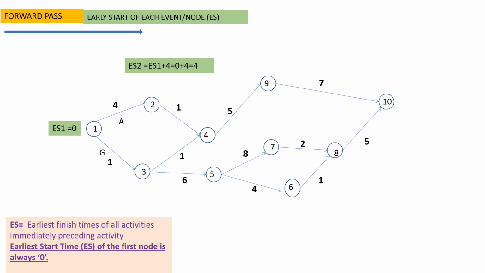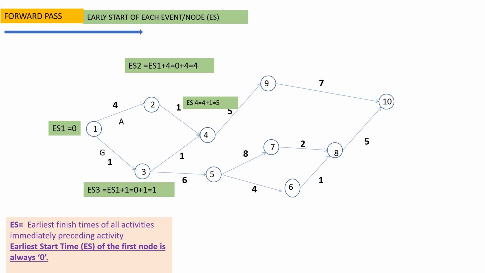So early start of event 2 is ES1 plus 4, that is 0 plus 4 equals 4. Similarly, early start of event 3 is ES1 plus 1 equals 0 plus 1 equals 1. Early start of event 4 equals 4 plus 1 equals 5.